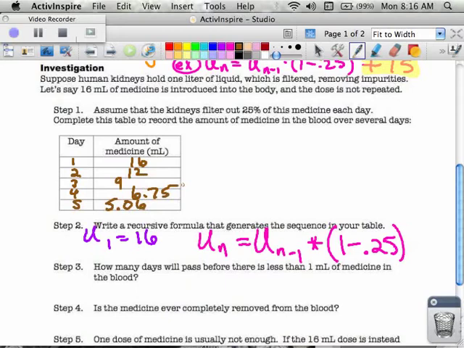Yep. You put down plus instead of times. Looks awesome. Anybody else?